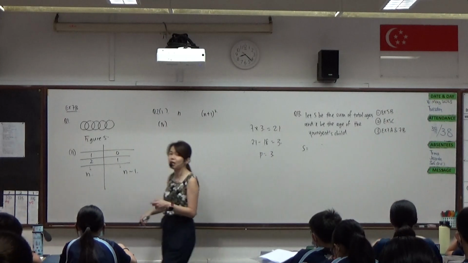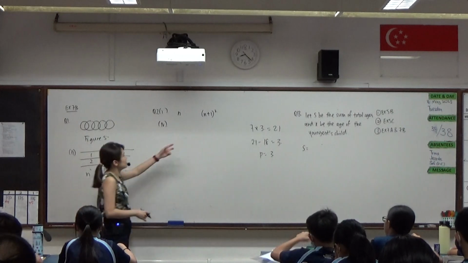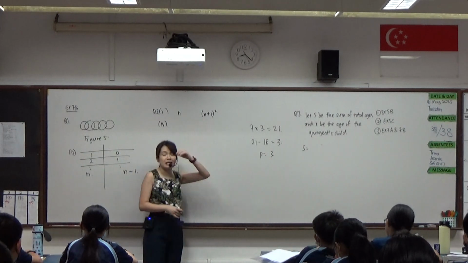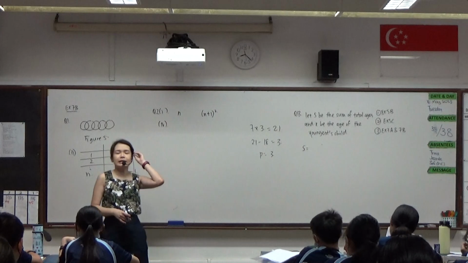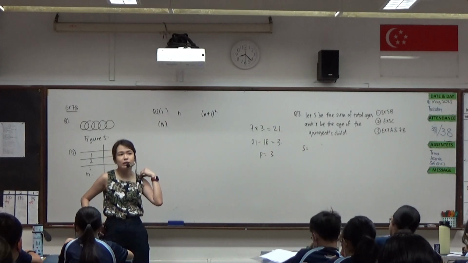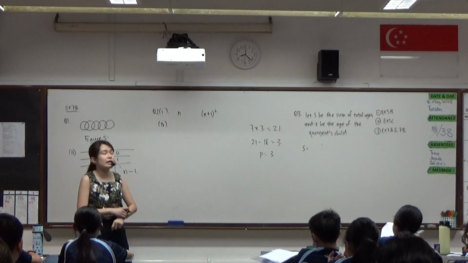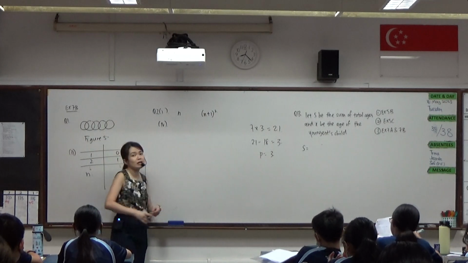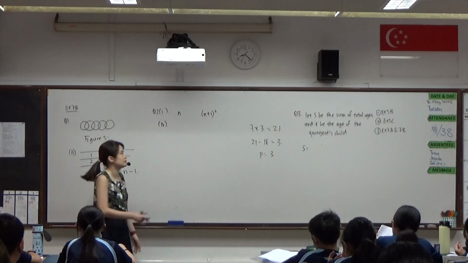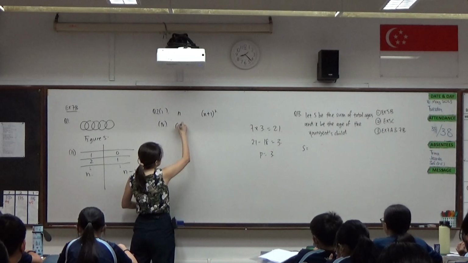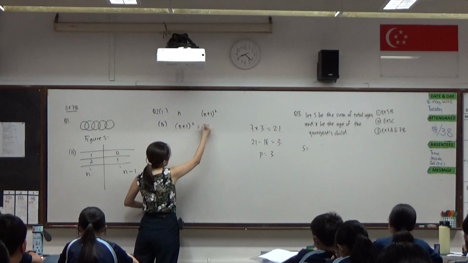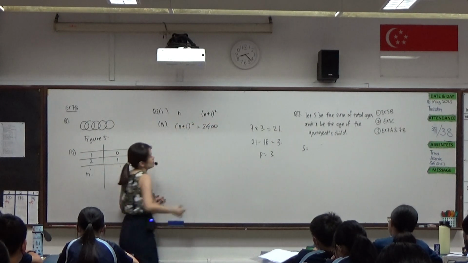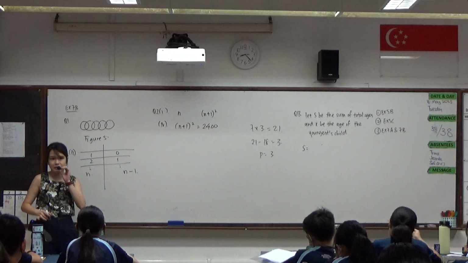There are some who realize that in order to have that number of small triangles, it must be a perfect square. But that way of answering doesn't apply to all kinds of questions. So a foolproof way of answering is just to take (n + 1)² and equate it to 2,400, which is the number of triangles given.